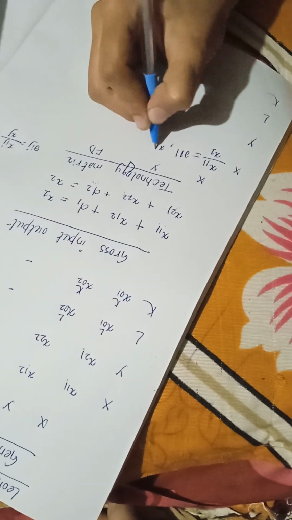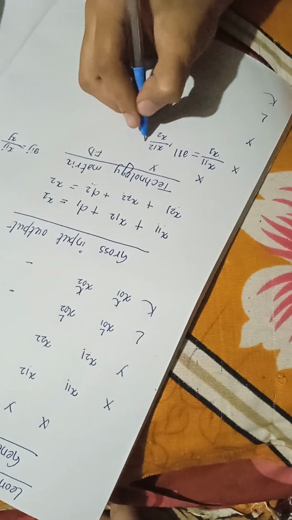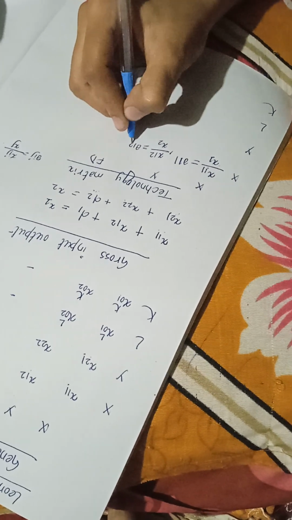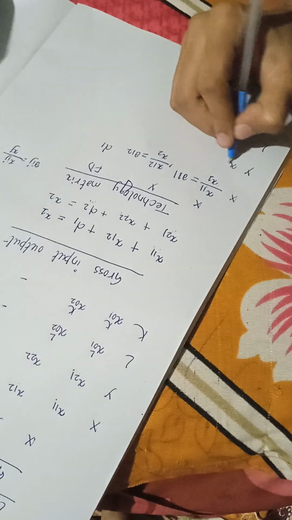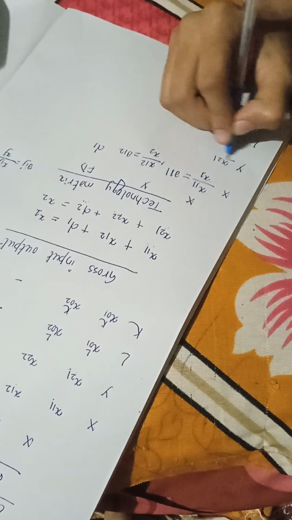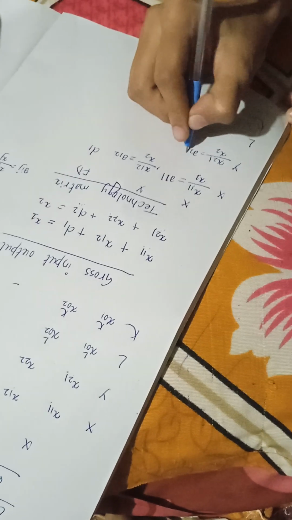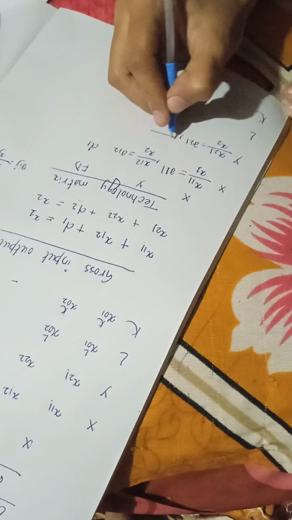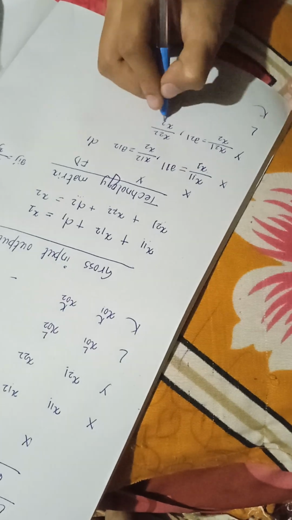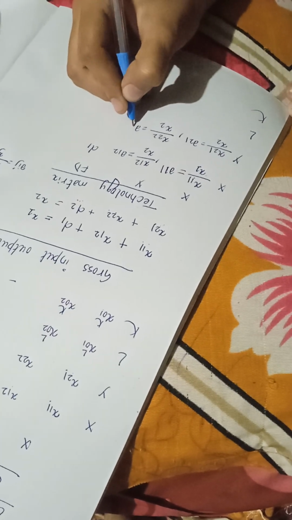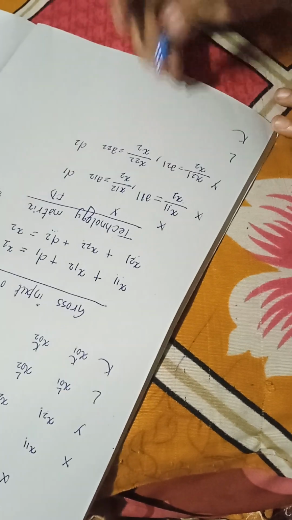Similarly, X12 divided by total output of second industry equals A12. Here D1. Output of second industry used by first industry divided by total output of second industry equals A21. And output of second industry used by second industry divided by total output of second industry equals A22. Here D2.